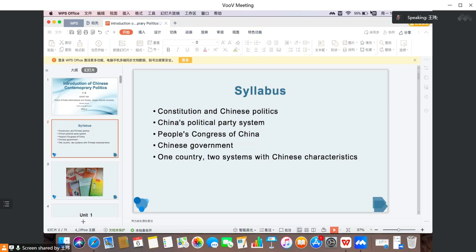Even though we also developed industries during those 30 years, the shift of our focus from politics to the economy was formulated by them.